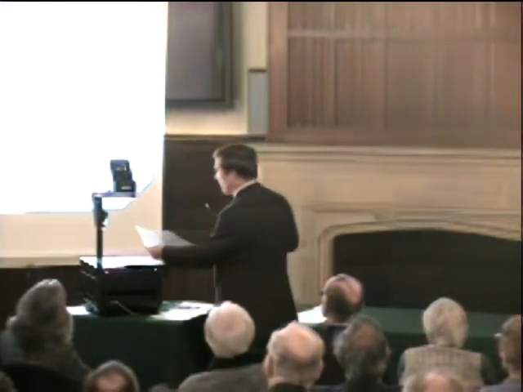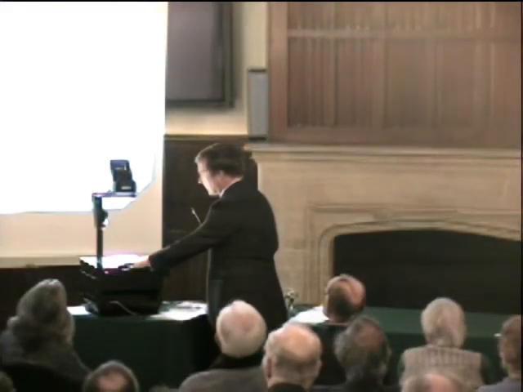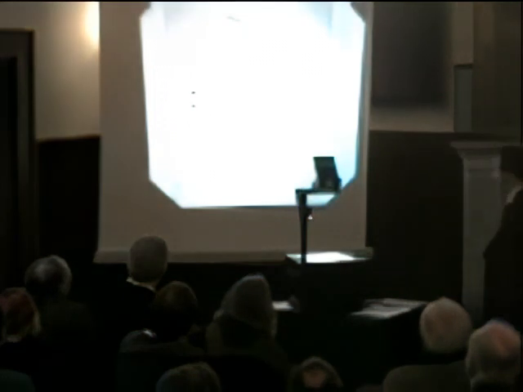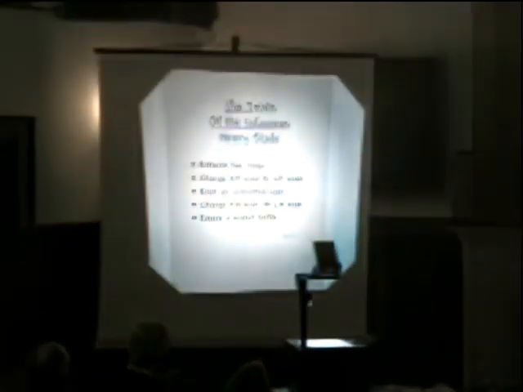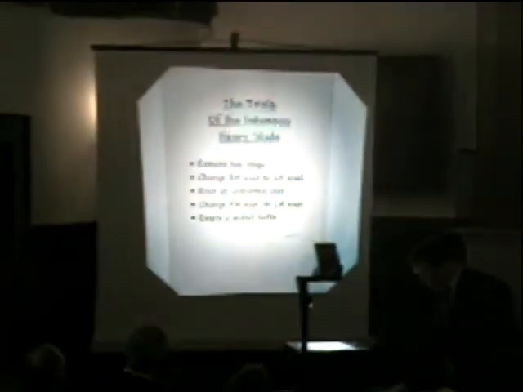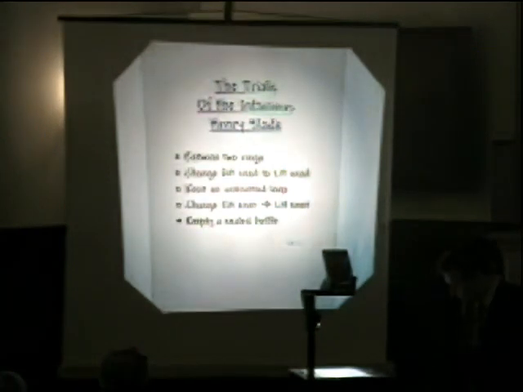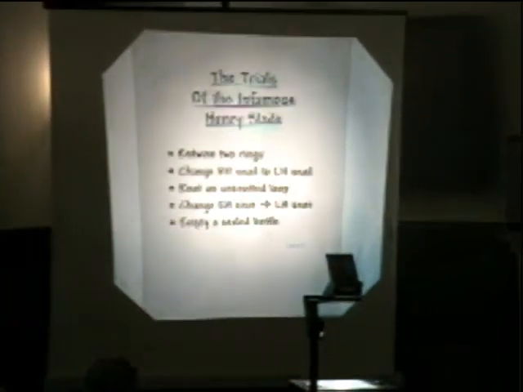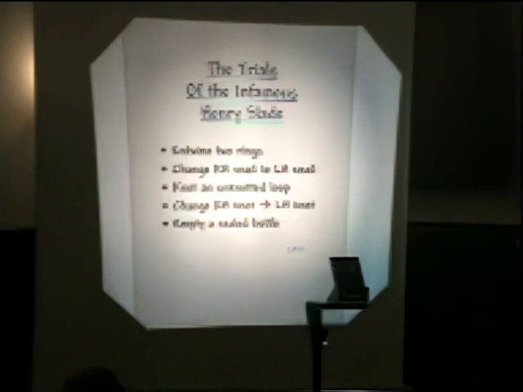And one of the focal points of the investigation was the trial of the infamous Henry Slade, who I think it's probably fair to say was a confidence trickster, who really preyed on unsuspecting people, I think largely young ladies, claiming to have contact with another spirit world.